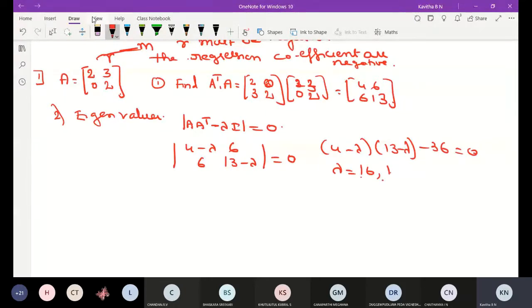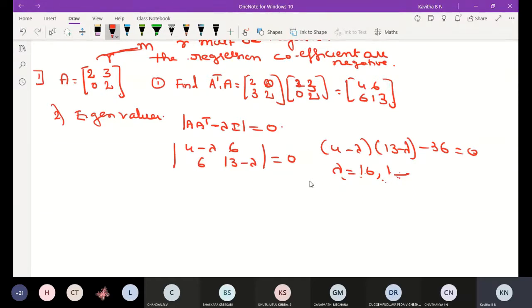Lambda is nothing but eigen values. And also, eigen values must and should be written in descending order only.